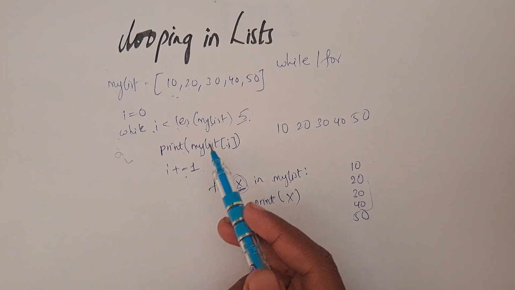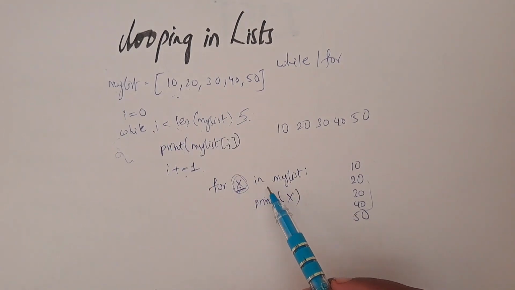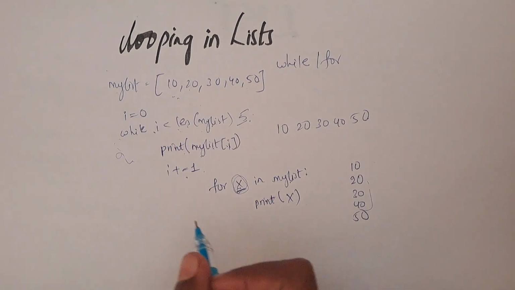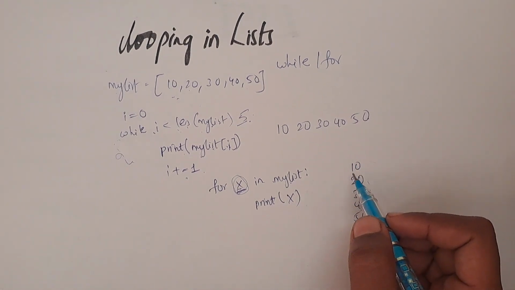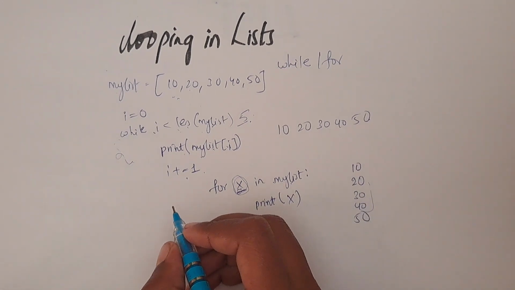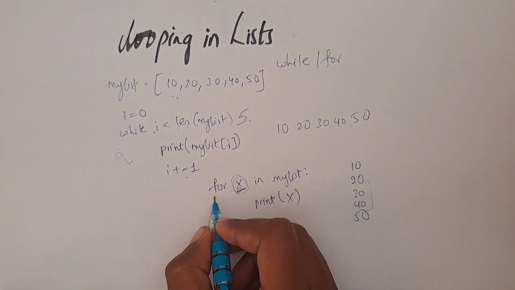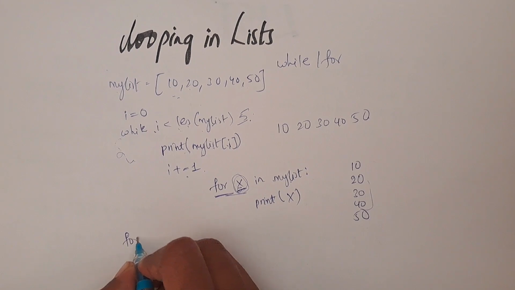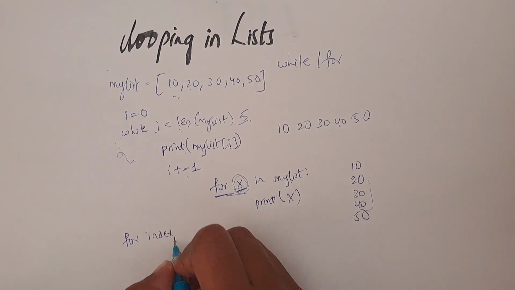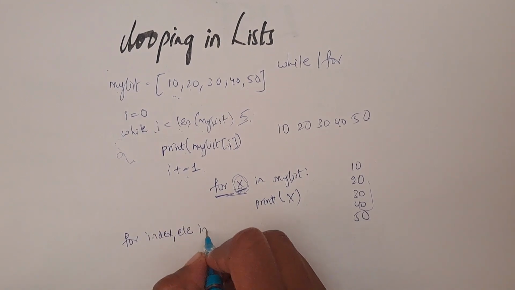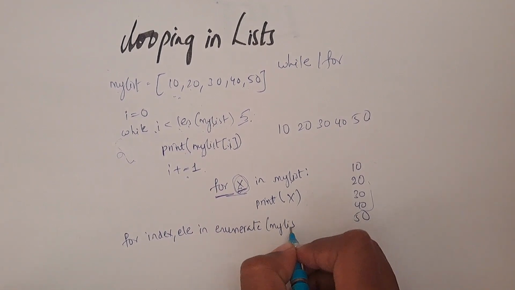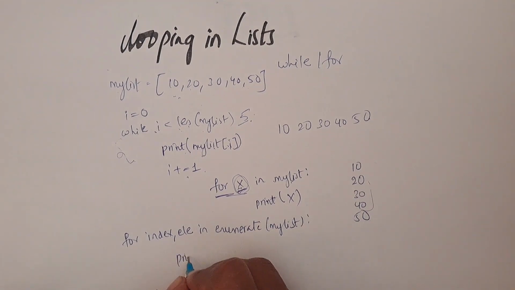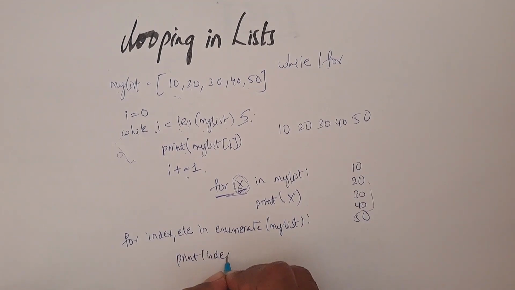While iterating through a list using the for loop, if you wish to keep track of the index as well as the elements, we can use the built-in enumerate function for that. So what we have to do is: for index, element in enumerate of my list, print index, element.